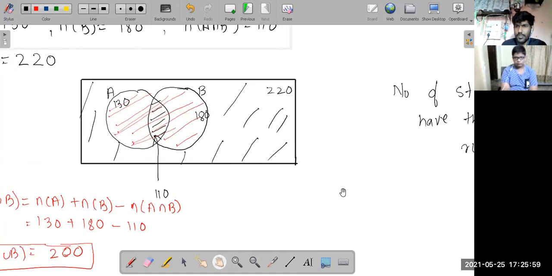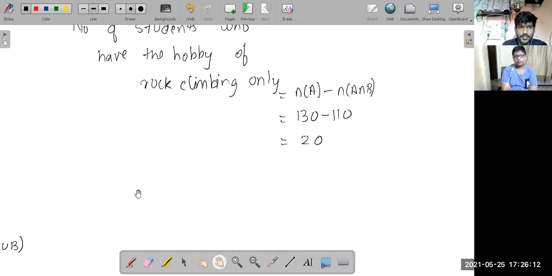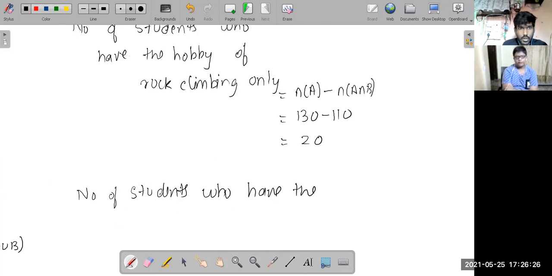Now, in the exact same way, can you tell me the number of students who have the hobby as sky watching only? 70. Correct. So the exact same thing we'll write here: number of students who have the hobby of sky watching only.